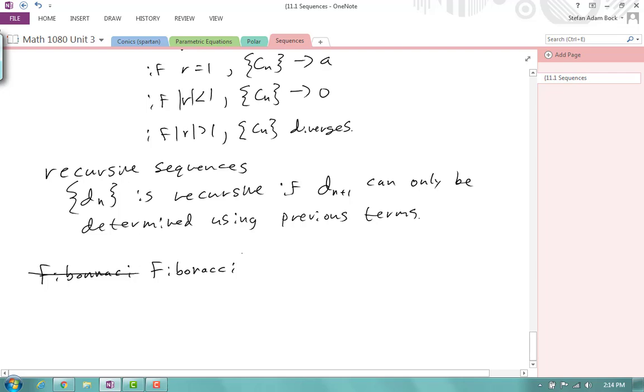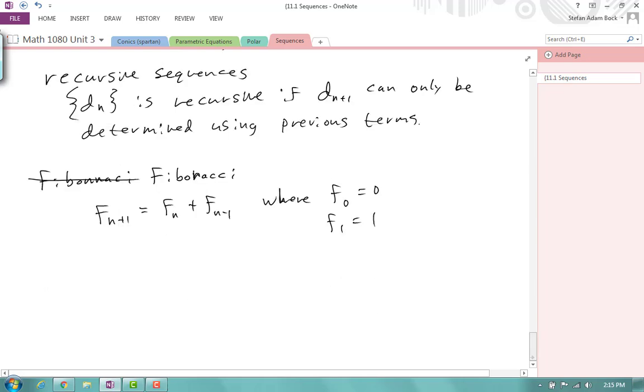F sub n plus 1 is equal to f sub n plus f sub n minus 1, where f sub 0 equals 0 and f sub 1 equals 1.